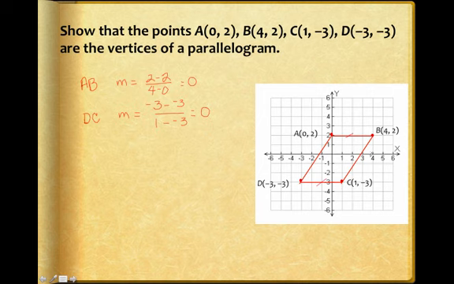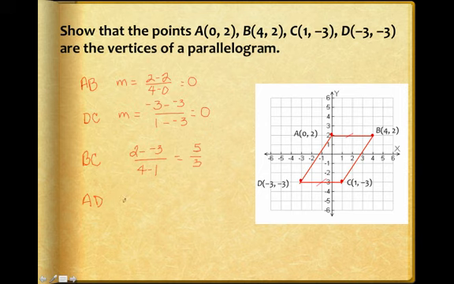So now I've got to prove that these two lines are parallel, so I'm going to find the slope of BC. BC's slope is 2 minus a -3 over 4 minus 1, which means I have a slope of 5 over 3. Now, if AD has the same slope, then these two lines are also going to be parallel.